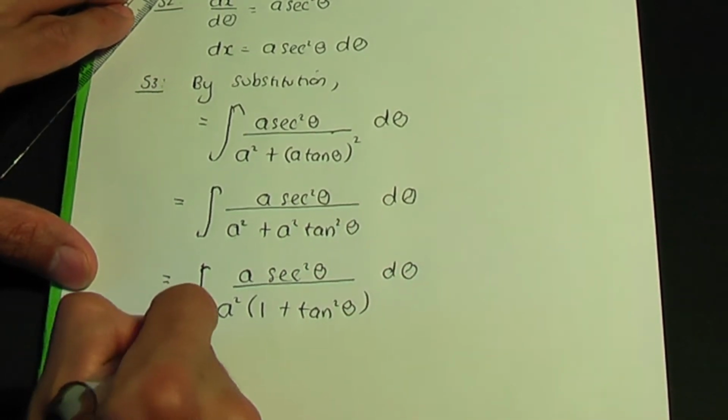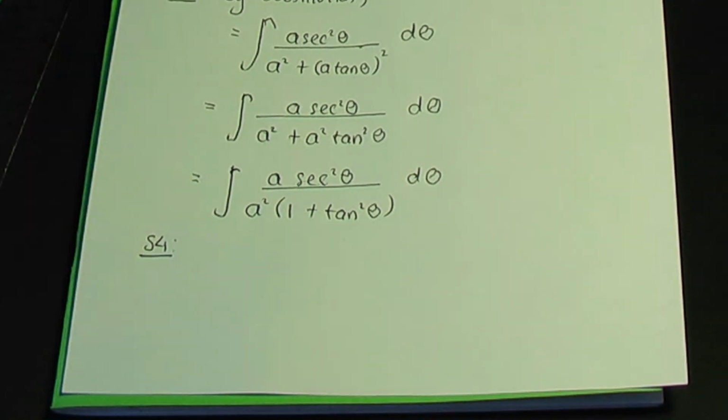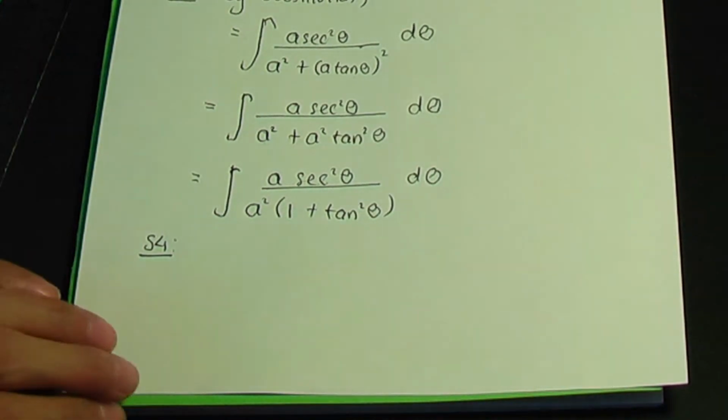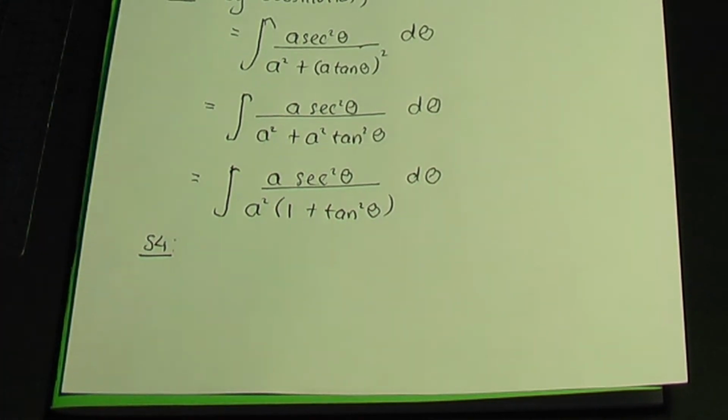Now that takes us to step number 4. So step number 4 is the choice of the identity. Okay. Now remember what I said earlier twice, or maybe more than twice. I've said that when you use a trigonometric substitution, most likely you'll be using a trigonometric identity at some stage of the process.